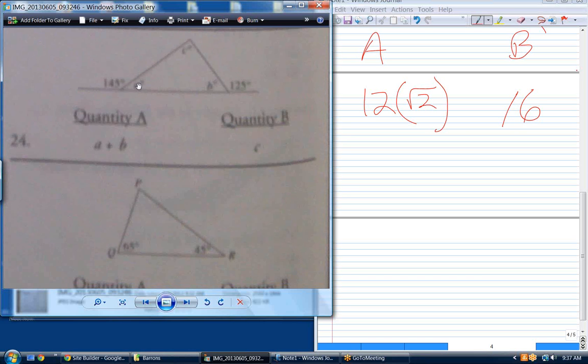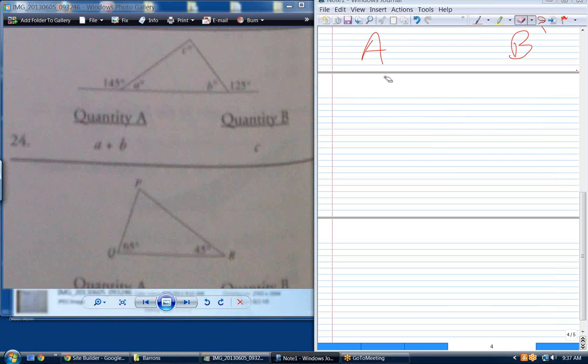Okay, let's see. This is angle ACB. That's 145. That's 125. Which is bigger, A plus B or C? My first inclination is to say A plus, well, wait a second, let's see.